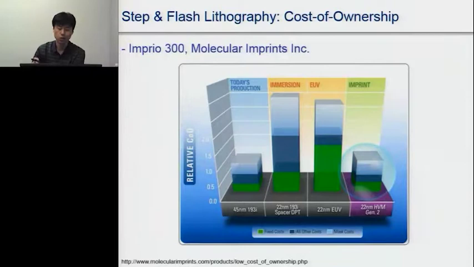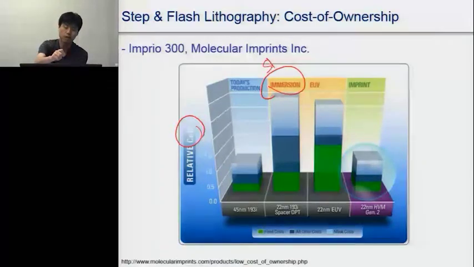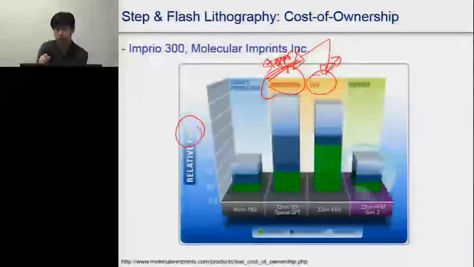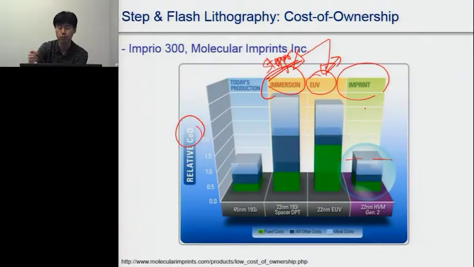So this is one of the issues we want to discuss. This is the cost of operation, the cost needed to operate each of these tools. This is an immersion stepper optical lithography tool, and this is an extreme UV tool. Compared to these two optical lithography tools, the cost of ownership is much smaller for the nano imprinting tool.